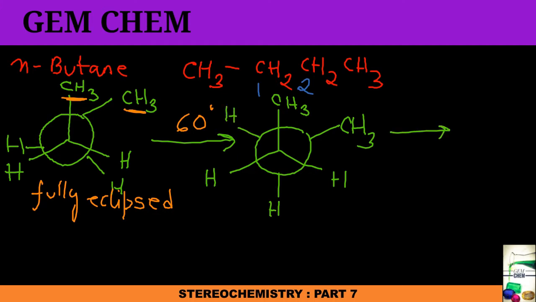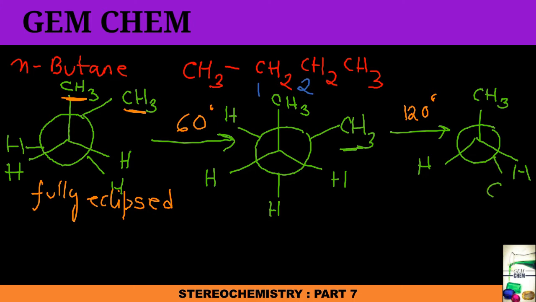Next, on further rotation, a total rotation of 120 degree, we will get another one, where we have CH3, here we have hydrogens, and the CH3 present here will come in eclipse conformation, here hydrogen and here another hydrogen.